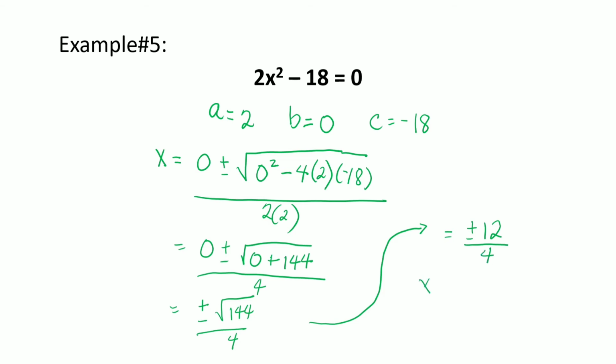So the values of x here are positive 12 over 4, so that's 3, and negative 12 over 4, which is negative 3. So the solution set for this quadratic equation is negative 3 and positive 3.